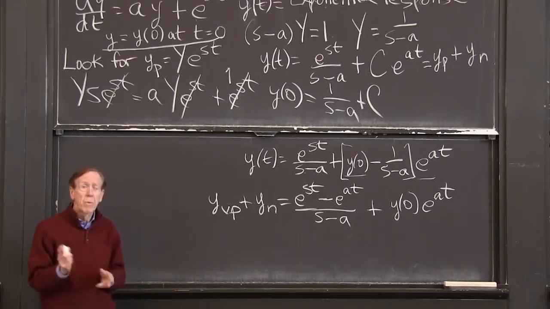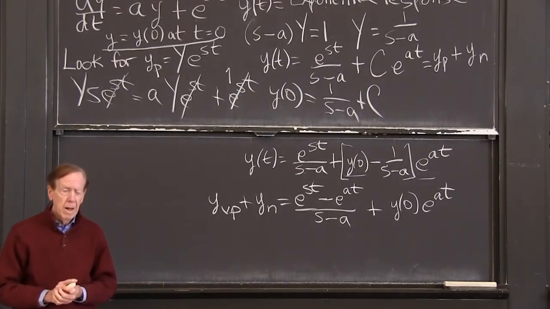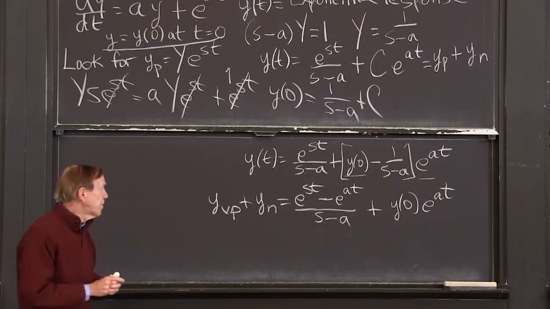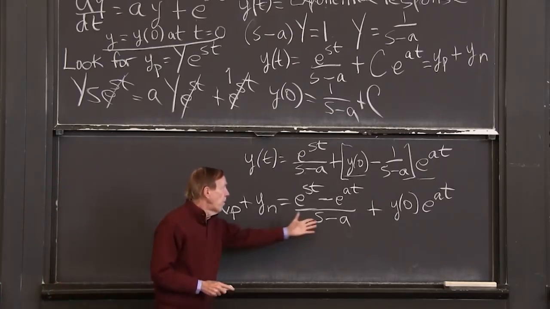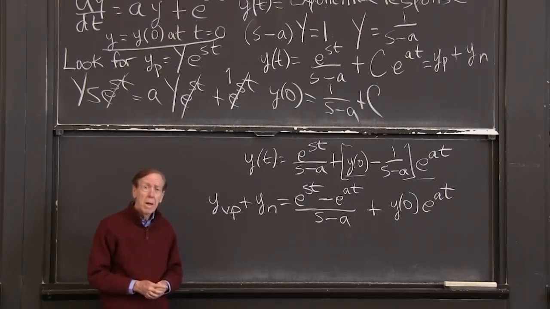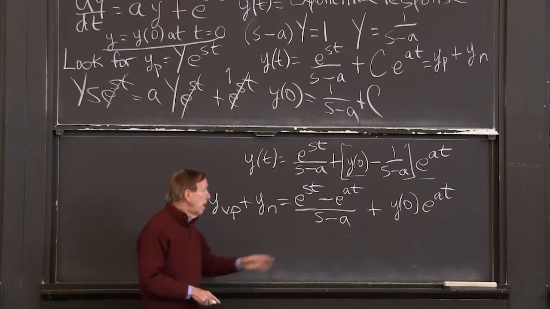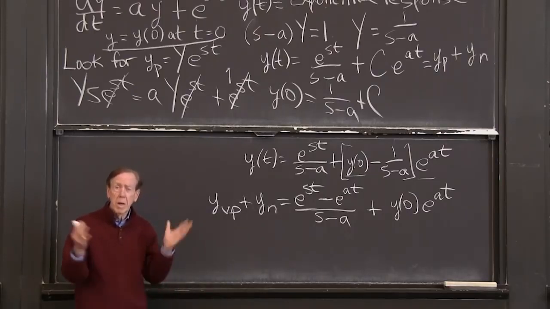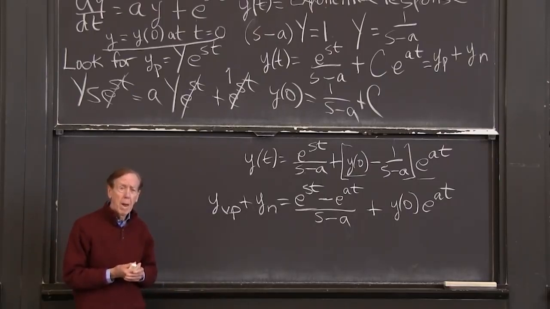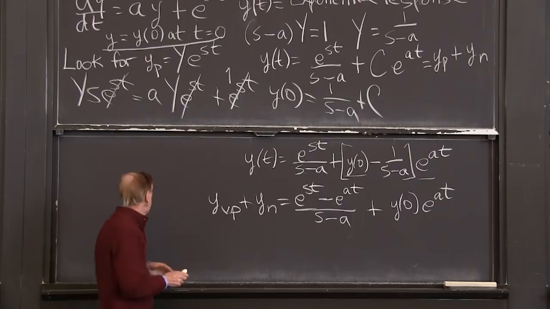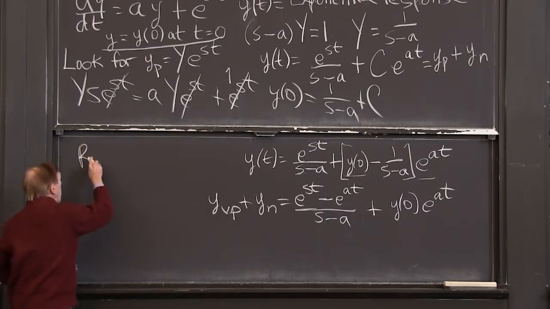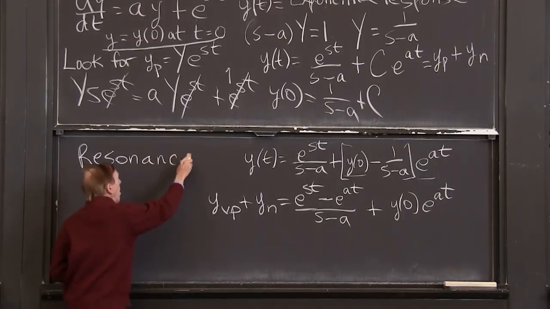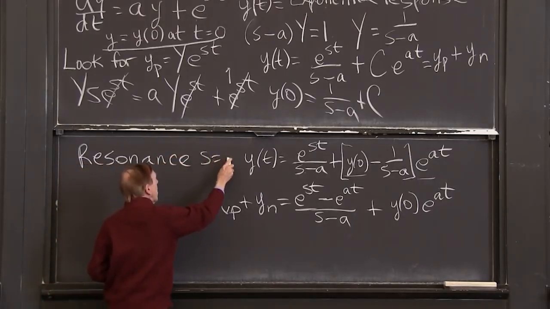The problem is solved with one exception. And now I have to take a minute with that exception. The exception is the formula breaks down if s equals a. If s equals a, I'm dividing by 0. My formula is falling apart. And that's the case of resonance. So let me put over here, s equal a.